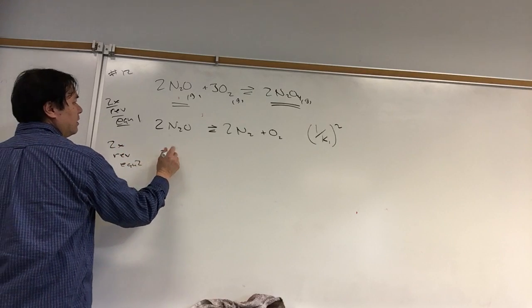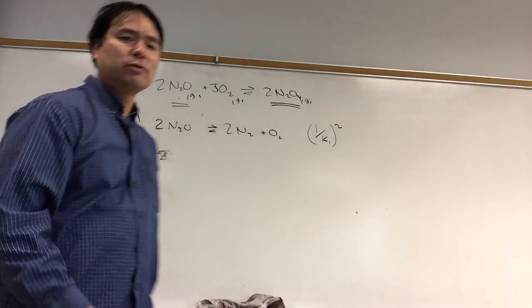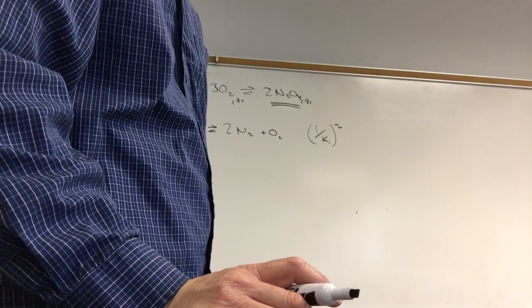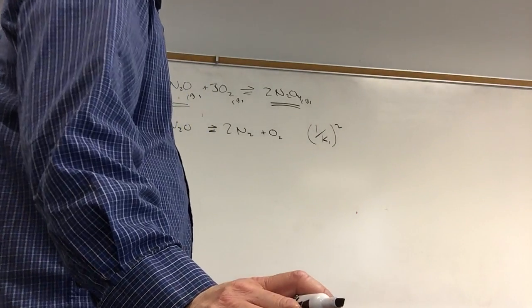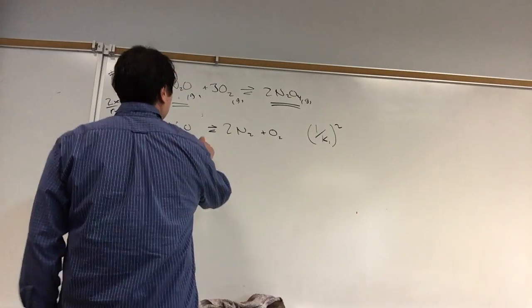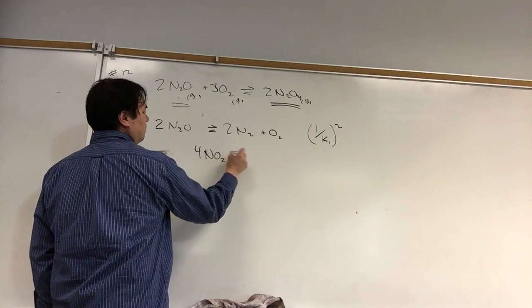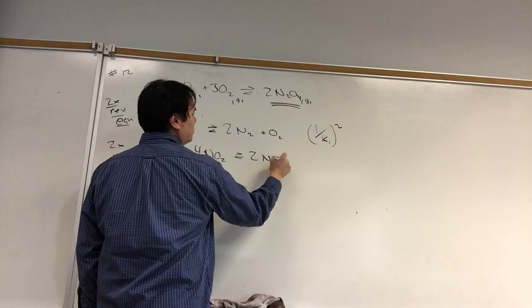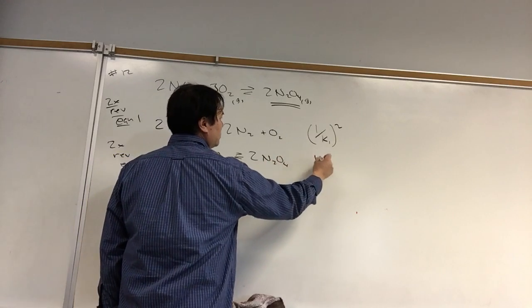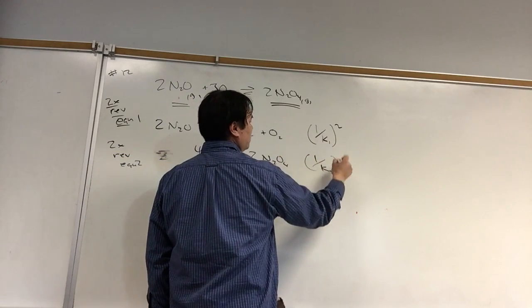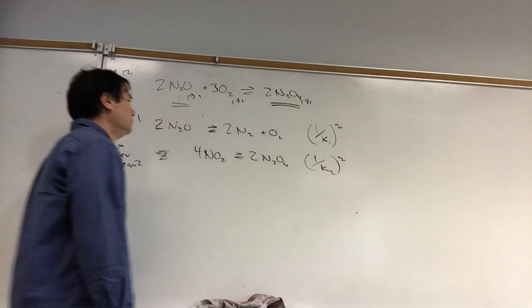And so that should give me my 2 N2O4s on the product side. And so I have 4 NO2s, 2 N2O4s. So I reversed equation 2 and then doubled it.